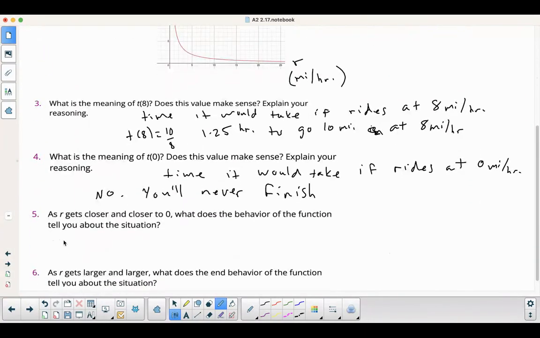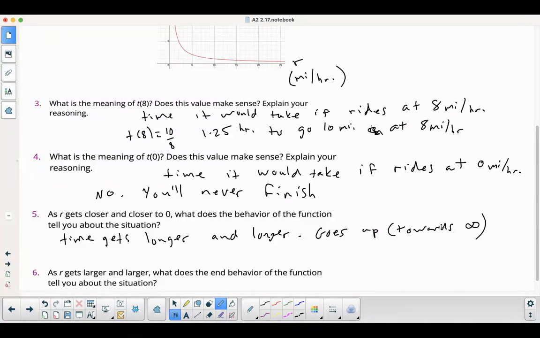Okay, so the behavior of the function, the time gets longer and longer. So on a graph, it goes up, which is towards infinity. And that's the abbreviation for infinity. It's like a sideways 8.